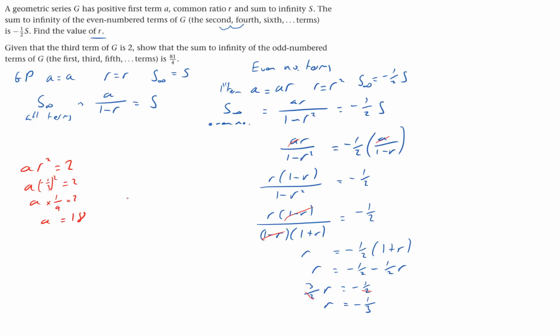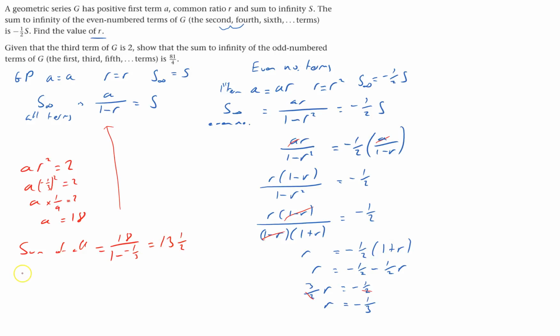And we've got to show that the sum to infinity of the odd numbered terms, well, the odd numbered terms are the ones which are left when we've taken the even numbered away from all of them. So the sum of all terms equals this, which is A, which is 18, over 1 minus R, which is negative a third.